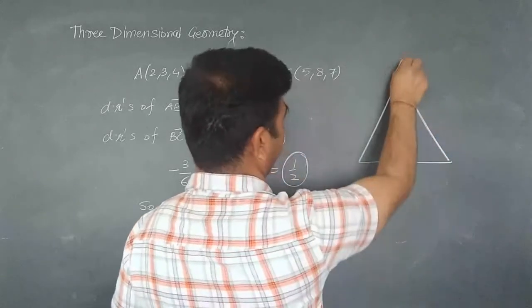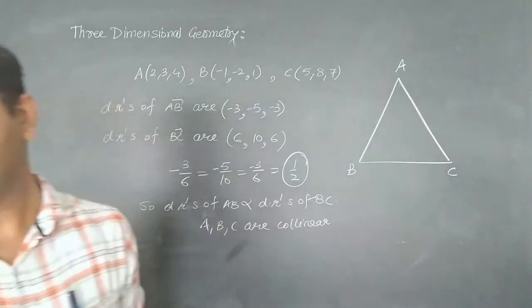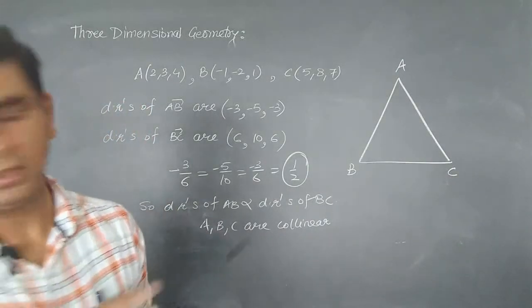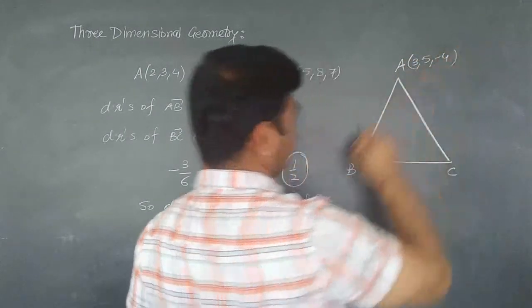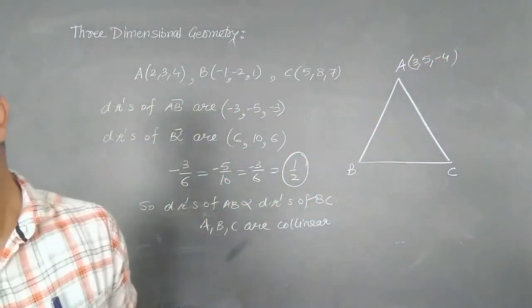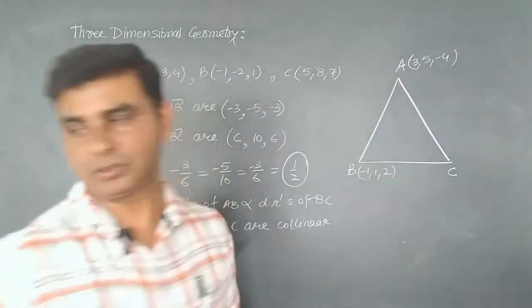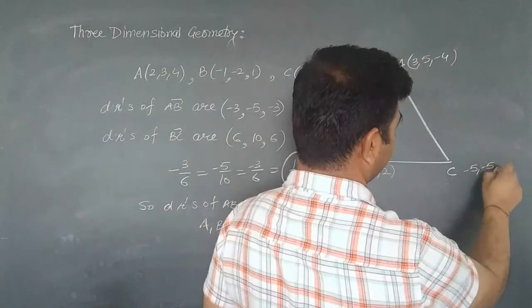This is point A, this is point B, this is point C. The vertices are given as (3, 5, -4), second (-1, 1, 2), and third (-5, -5, -2).